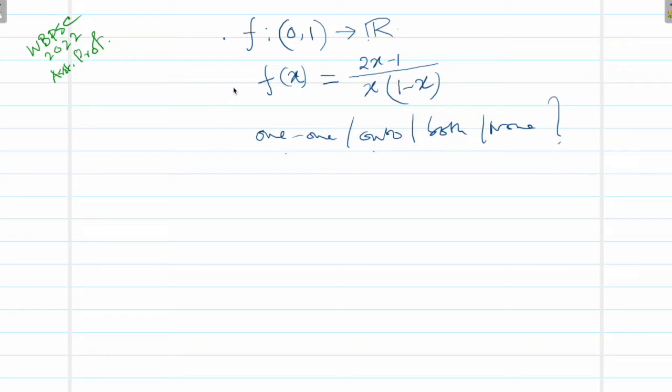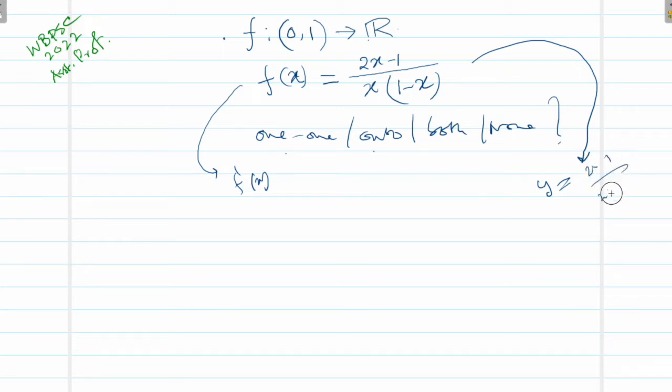To check whether it is one-one, people consider f'(x), but the calculation of that will take time. And for onto, people set y equal to the function, 2x - 1 over x(1 - x), and then solve for x in terms of y.